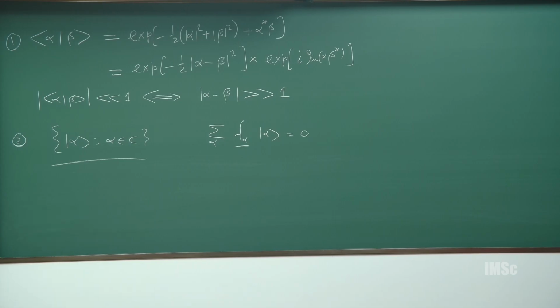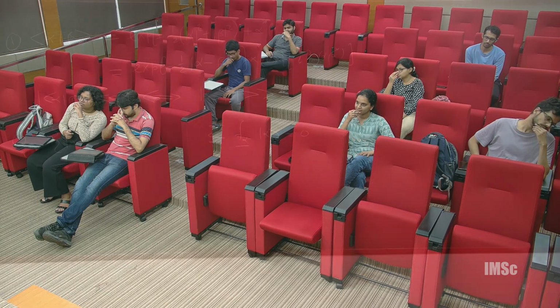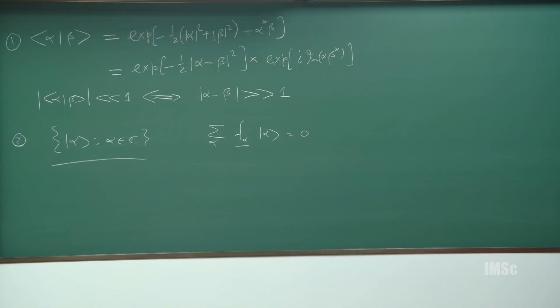Consider two different alphas and project. Project means what? Well, why should I take only 2? I can take 3 also, 4 also. Where is the problem?